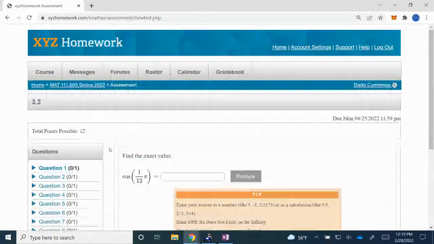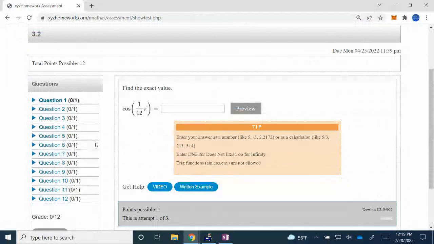Section 3.2, and we're going to take a look at the very first problem. We're asked to find the exact value, and in this instance, we're given the cosine of 1/12 pi.